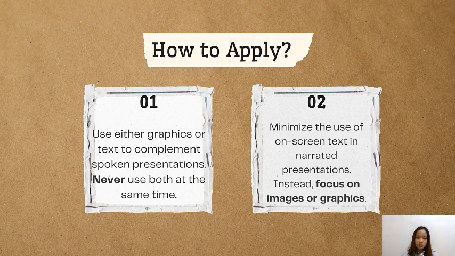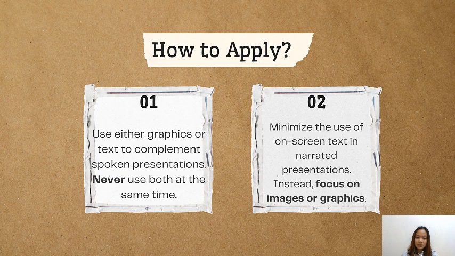First step, we use either graphics or text to complement spoken presentations. Never use both at the same time. I think it's a common mistake for a lot of presenters, now that they read from the slides. Even teachers, even personally, I make the same mistakes sometimes.